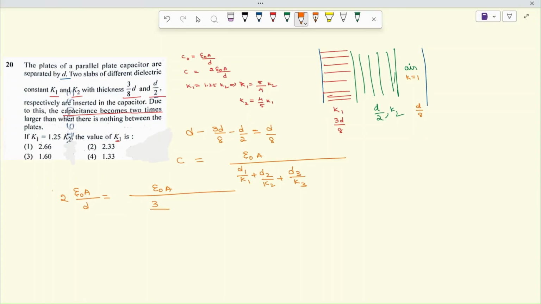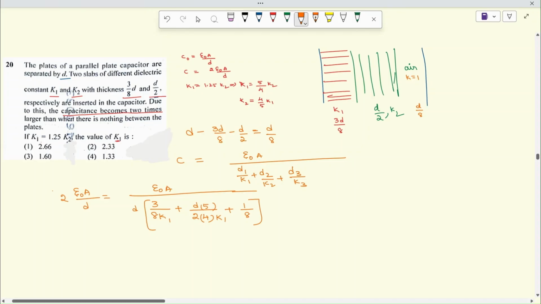So 3 by 8 K1. I'm writing D outside, common from all the terms, plus the second one is thickness D by 2, so D by 2 K2. K2 is how much? 4 by 5 K1. So 4 by 5 K1 plus the last part is air. K is 1, thickness is 1 by 8.